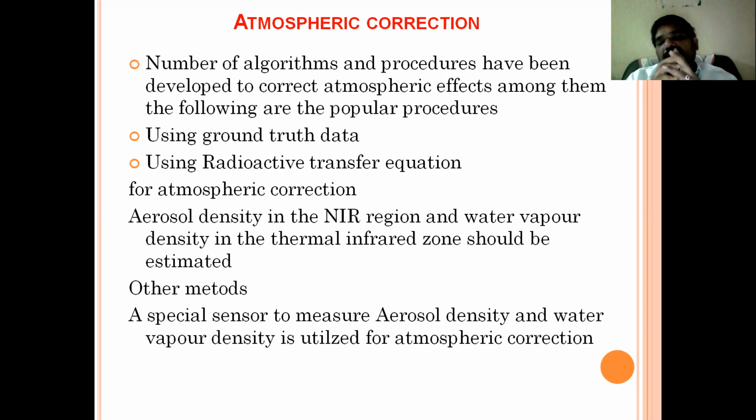The second one is using the radiative transfer equation. For atmospheric correction, the aerosol density in the NIR region and the water vapor density in the thermal infrared zone should be estimated, and the radiative transfer equations are developed for this.